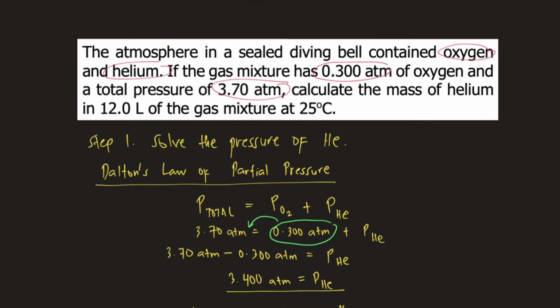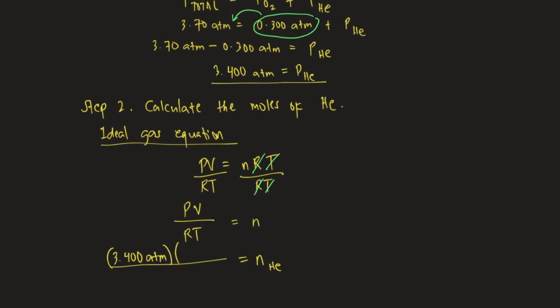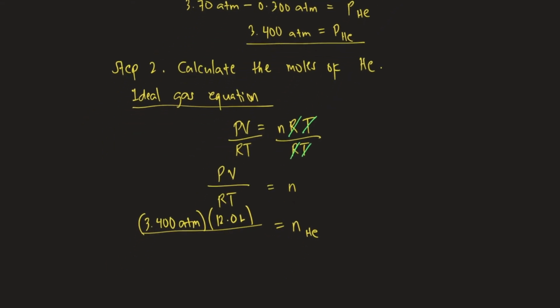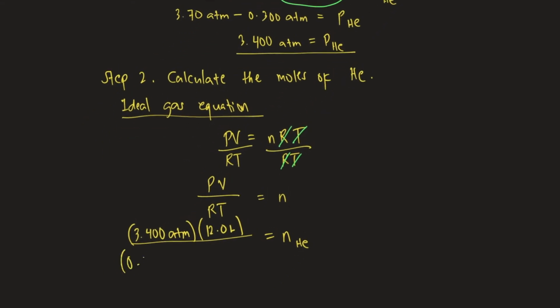So according to the problem, that's 12 liters. So let's put 12.0 liters divided by R, the gas constant, 0.0821 liter atmosphere per mole Kelvin. This is something you should be familiar with.